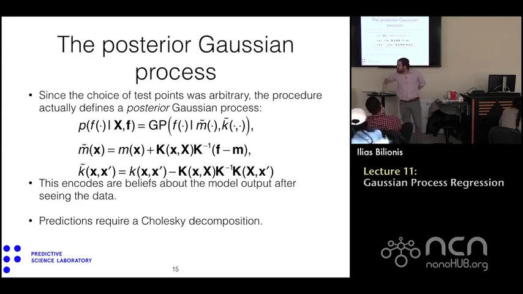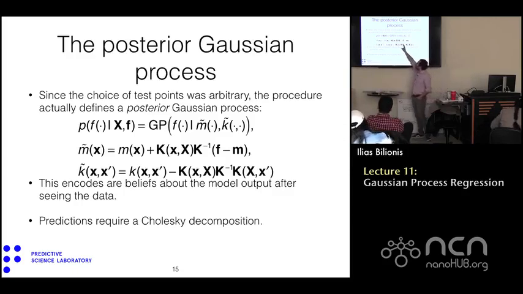Okay? Yes? Since we are choosing the function values of the test input arbitrarily, how can we rely on the covariance function that's there? So the test function outputs disappeared. Do you see them anywhere? No. But the covariance matrix depends on the test function value.